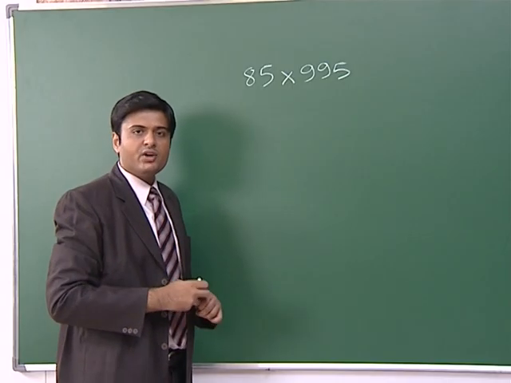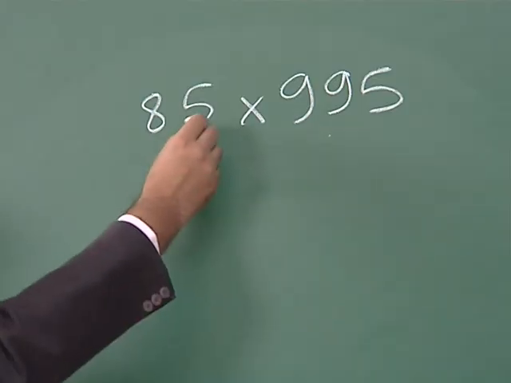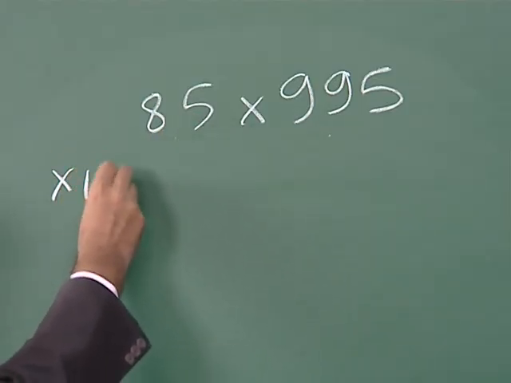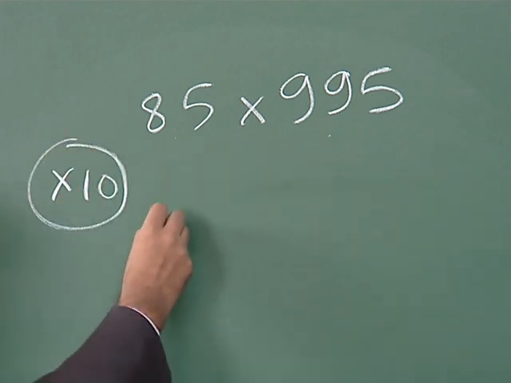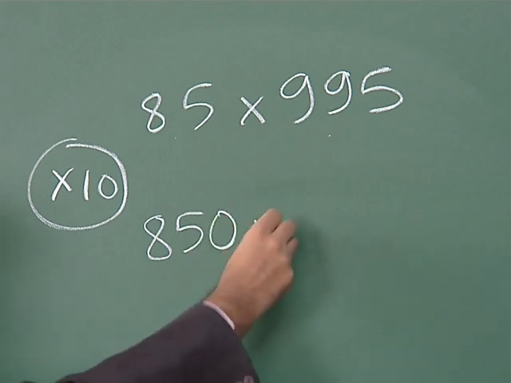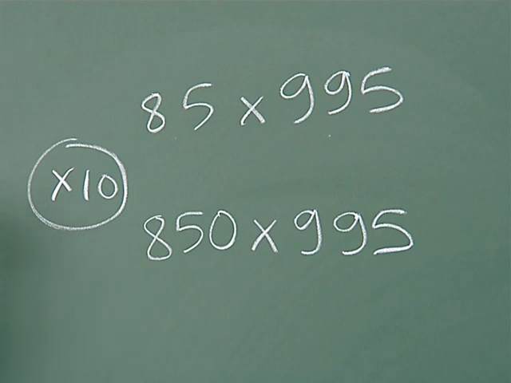What we do is we introduce some sort of uniformity. What I do is I multiply 85 by 10, so now it becomes 850 multiplied by 995. Now we see both the numbers are closer to 1000. Let us do the example and get the answer.